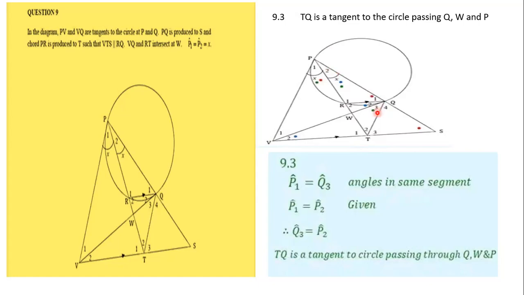Therefore, P1 is equal to P2, and Q3 is equal to P1 and is also equal to P2. Then that is proven above. Therefore, TQ is a tangent to the circle passing through Q, W, and P. That's how we solve this question.